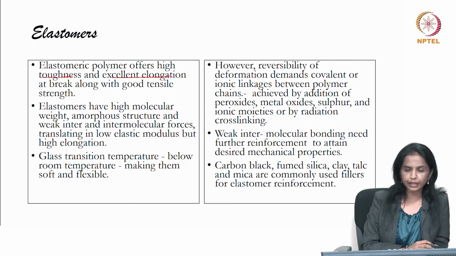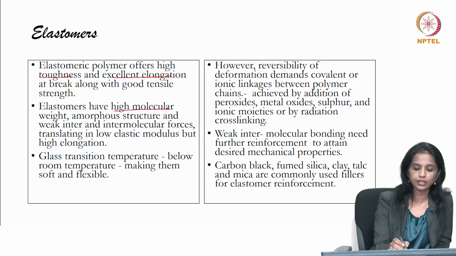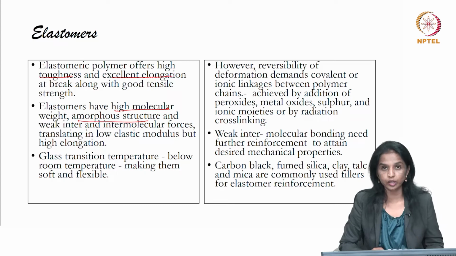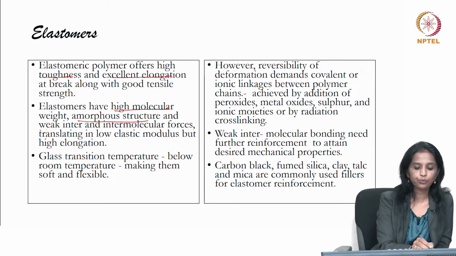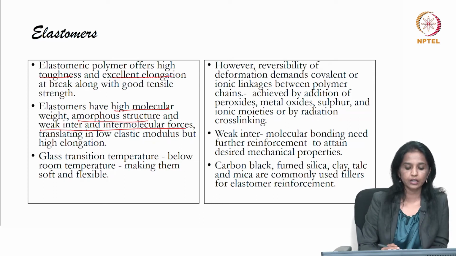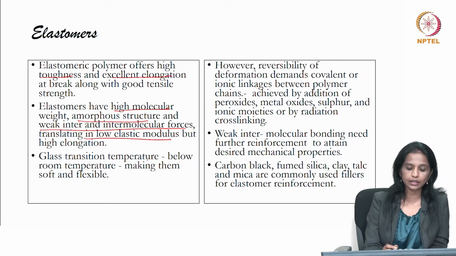So definitely it is a material which can offer a lot of toughness, and these elastomers have very high molecular weight and are amorphous in structure. The moment we see amorphous, it means that they are not crystalline and they have weak inter and intramolecular forces. These translate into low elastic modulus with high elongation.